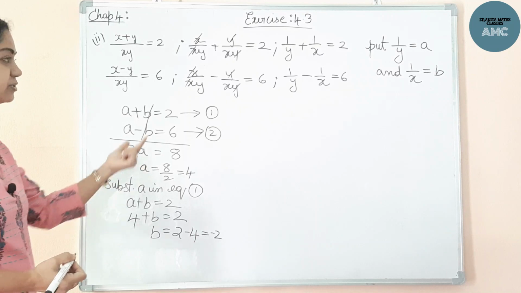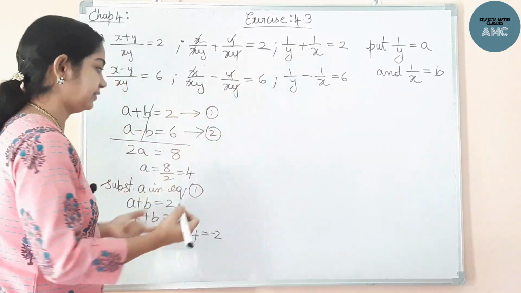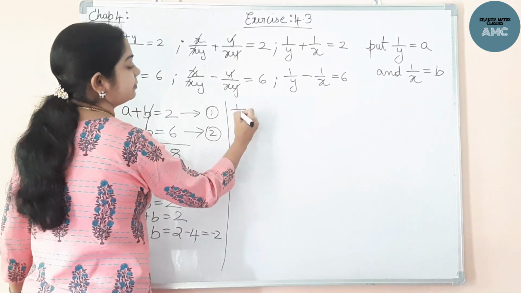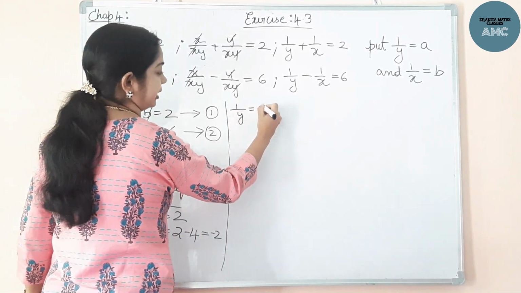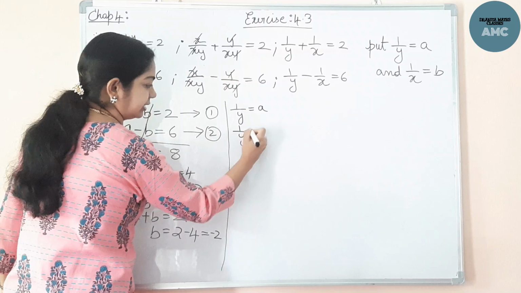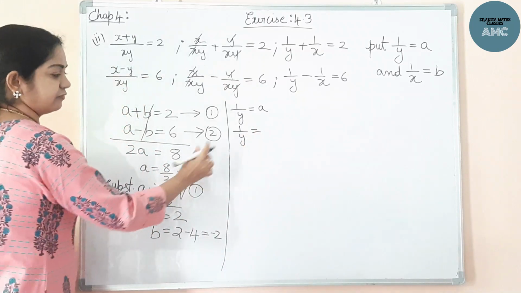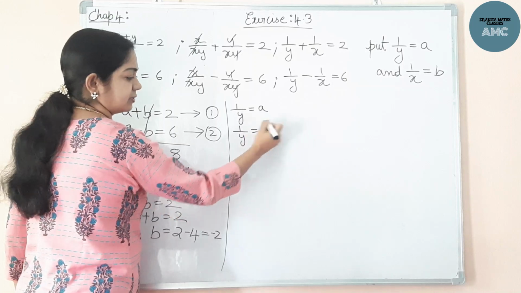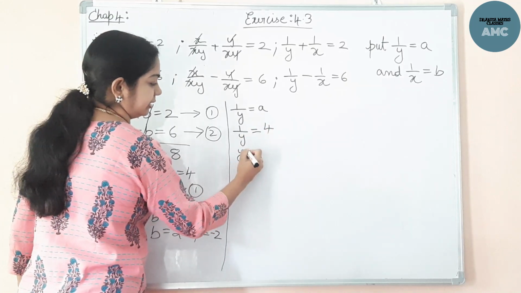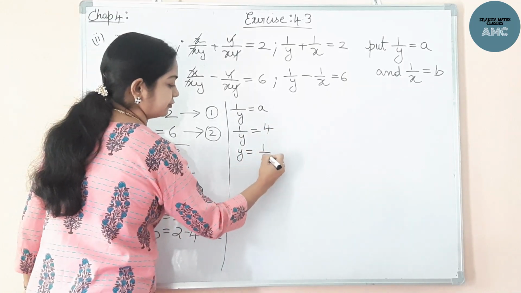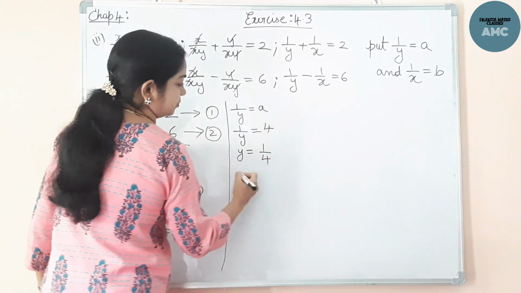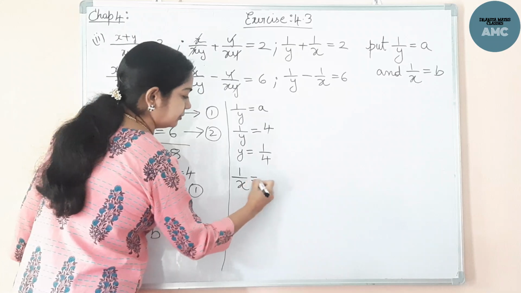Now what we supposed, a and b as 1 by y and 1 by x, we will do that. Now 1 by y is equal to a. That means 1 by y, the value of a is 4. Now interchange, it comes to y equal to 1 by 4. That's the value of y. Now here 1 by x equal to b.